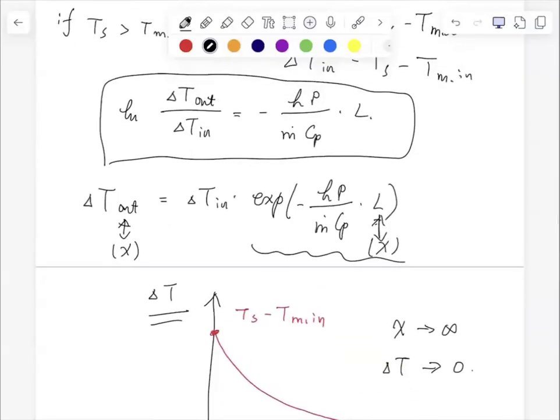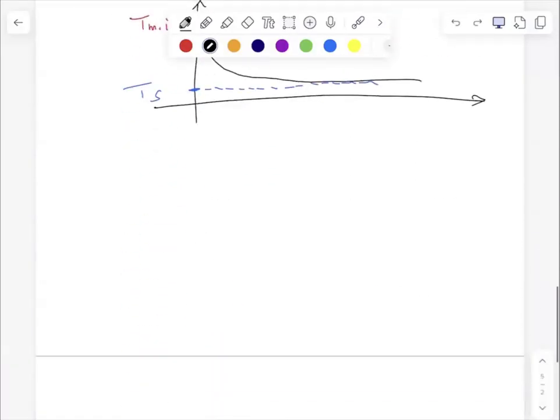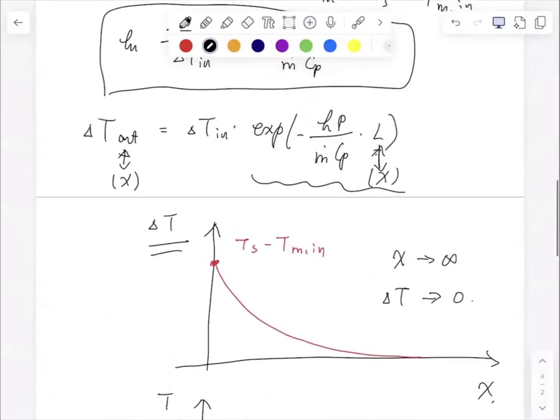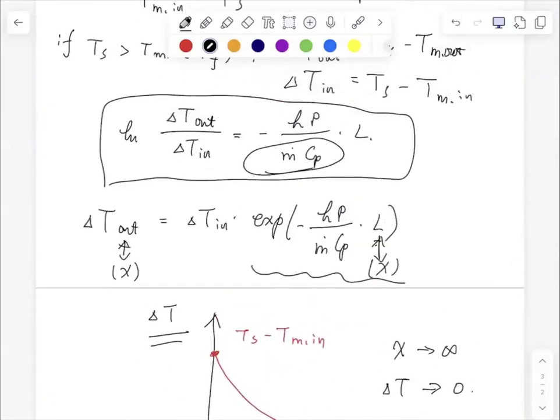I'm going to rewrite it so I can have an expression of this HP over mCp term for the calculation of the Q. So I'm going to take the mCp that is in the denominator of this right side and move it to the left side, and then move everything to the right side.